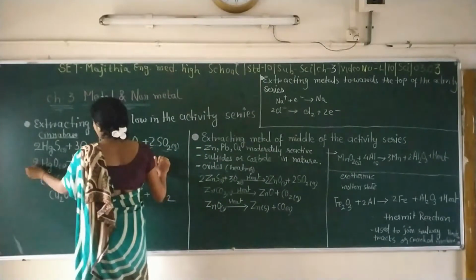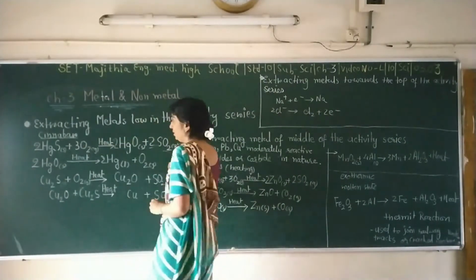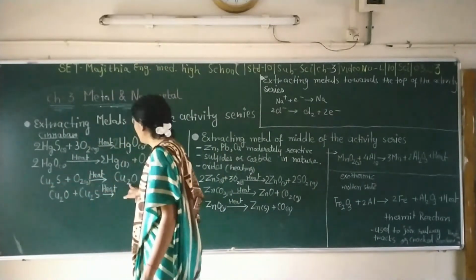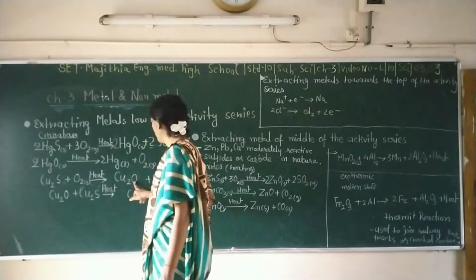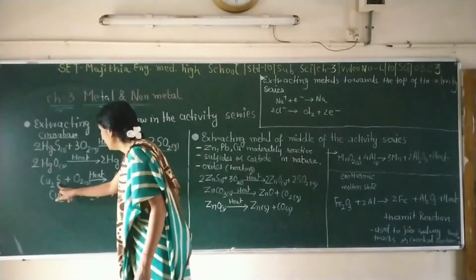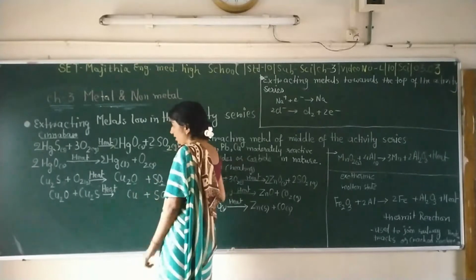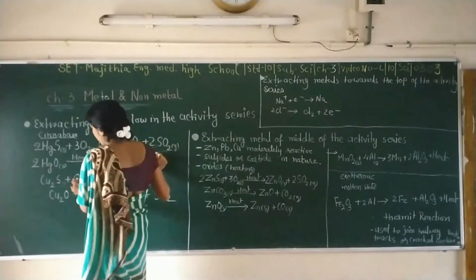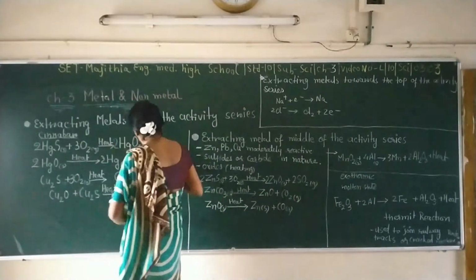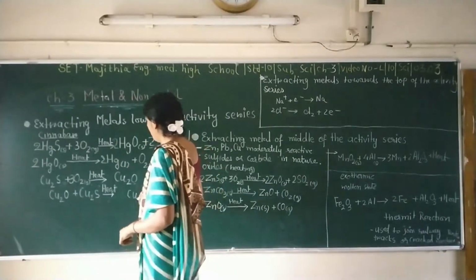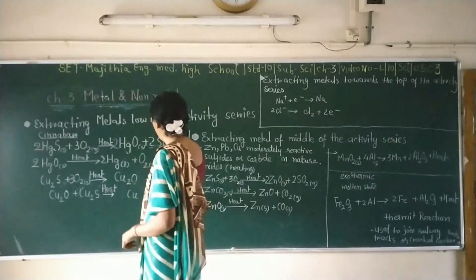For this one, plus O2. Over here, sulfur, Cu2O, and SO2. So over here, 1 plus 2, 3, and over here only 2. 3 twos are 6.